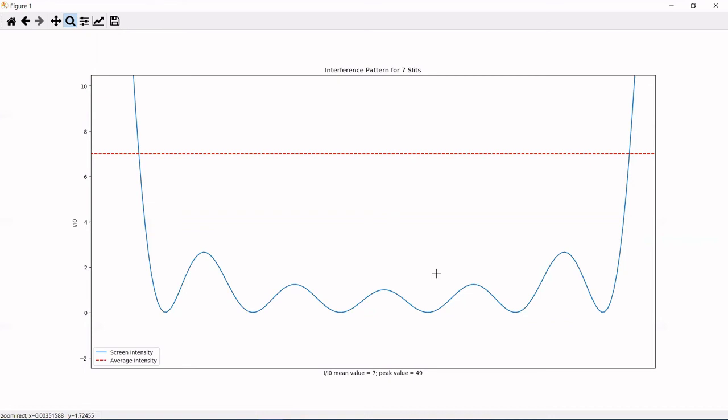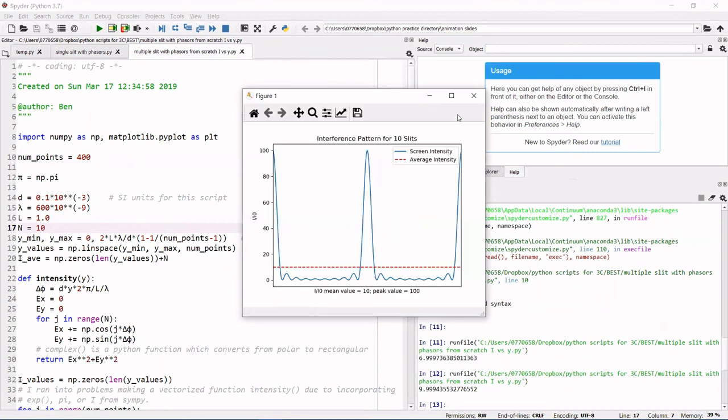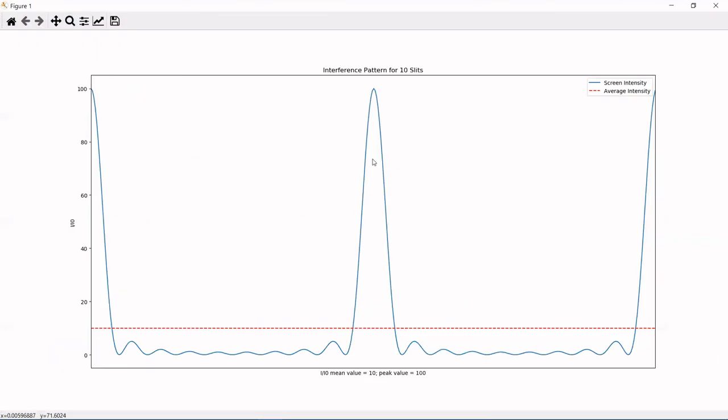Let's see if that pattern holds for a greater number of slits. How about 10 slits? Oops, that's the screen distance. 10 slits instead of 7 slits. So the intensity is focused even more. See how the maxima are even sharper?